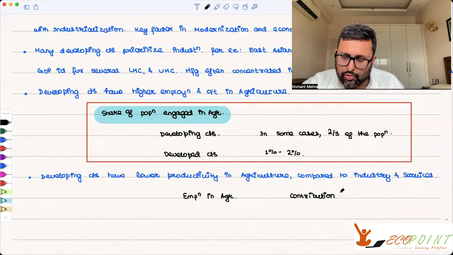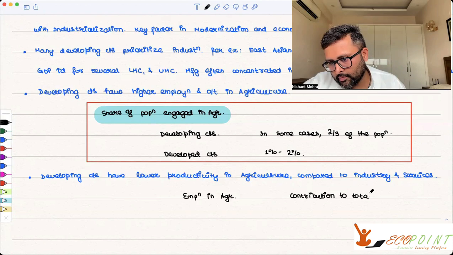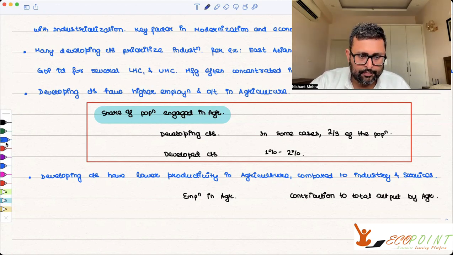Contribution to total output by agriculture.